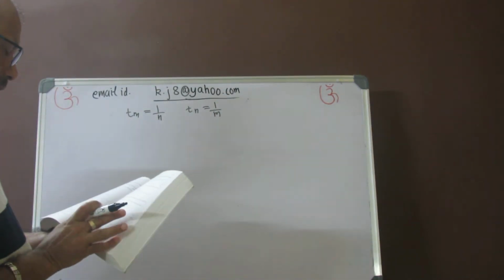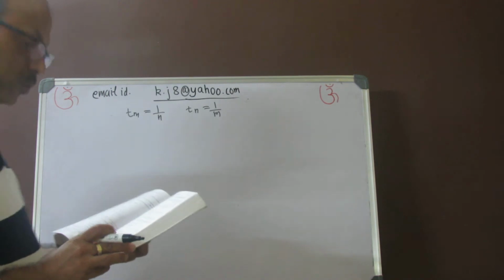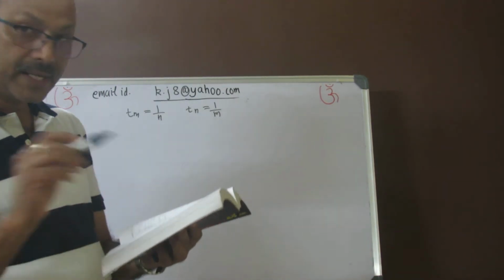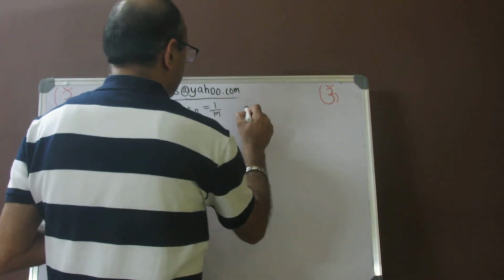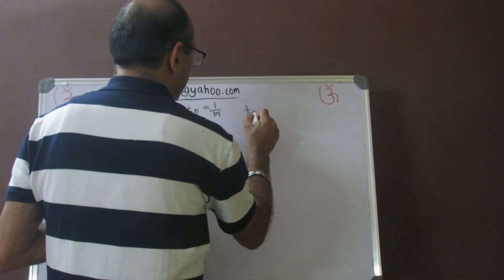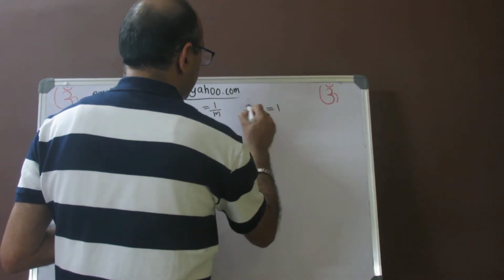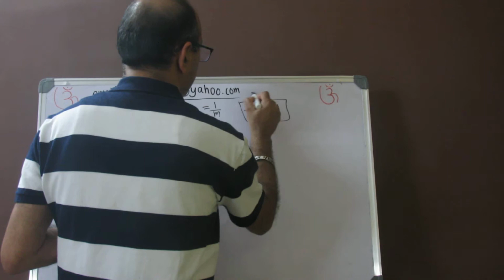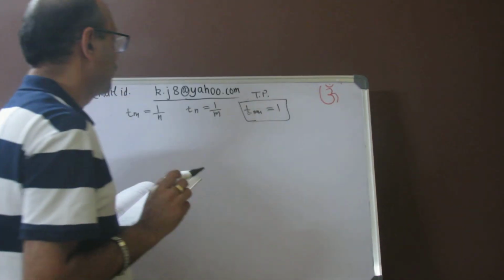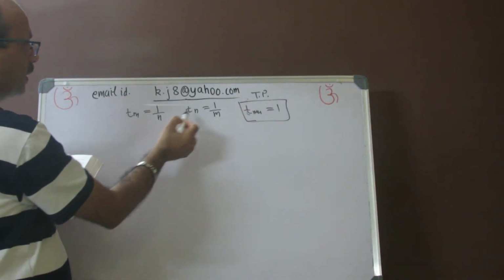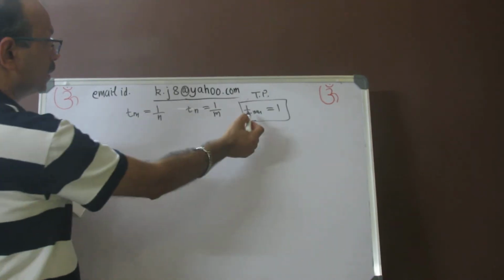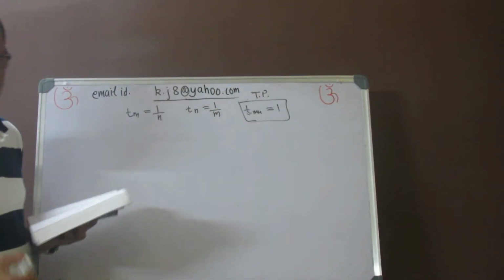Then the question says show that its mnth term Tmn equals 1. This is what we need to prove.